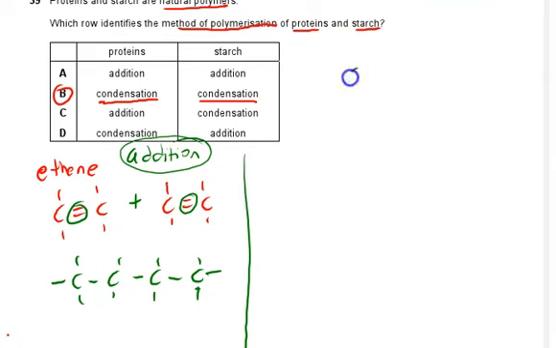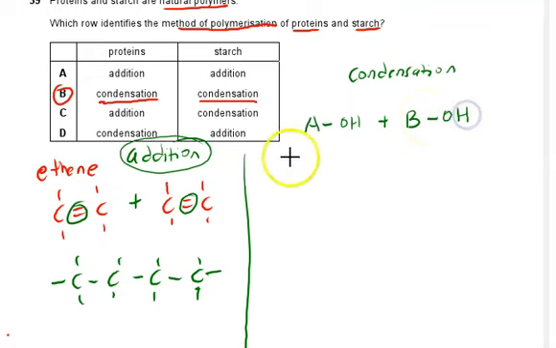If you compare to condensation, this is a bit different. Now, for example, I just put here A with OH, and here I have, let's say, B with the OH. This is an example.